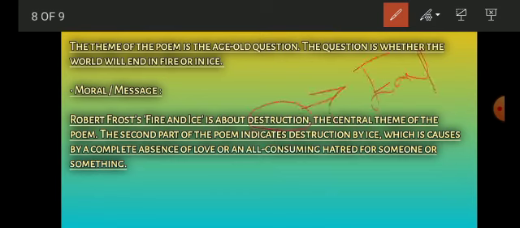The poet gives the moral about the absence of love or about hatred. So he explains the two destructive elements, fire and ice, as the inner feelings of human beings, and how they can cause destruction to the earth. And that is the moral of this poem Fire and Ice.